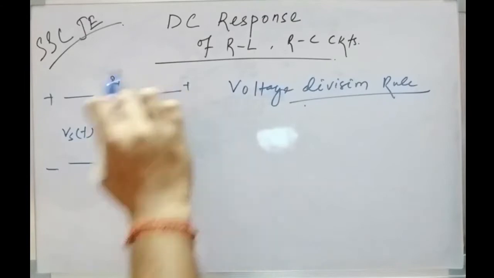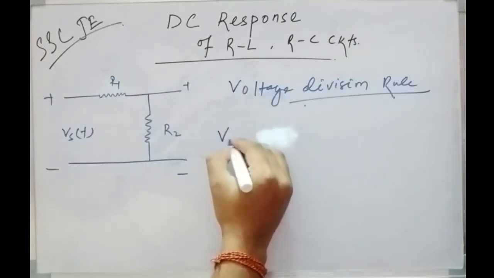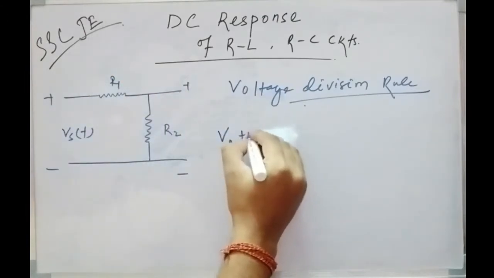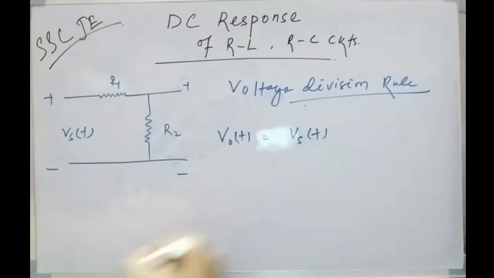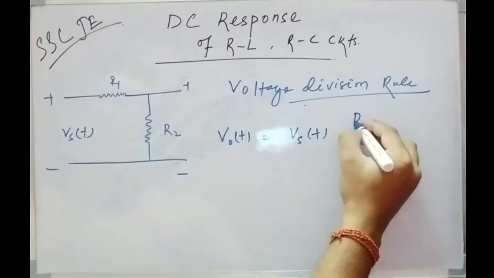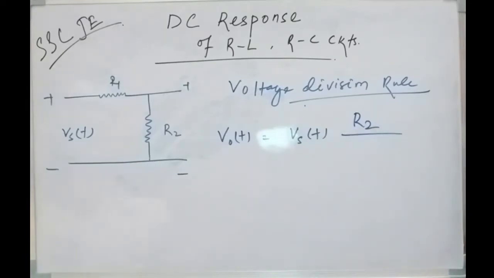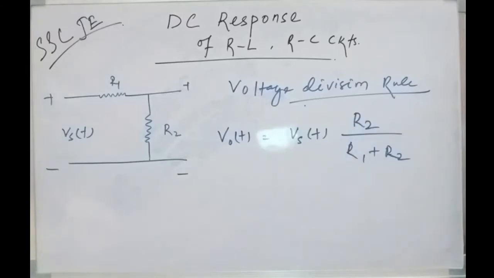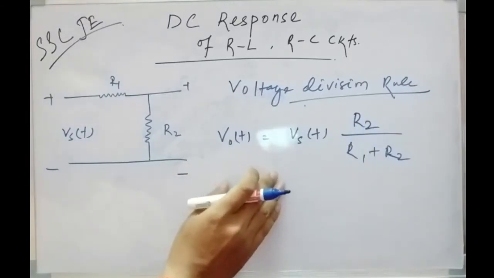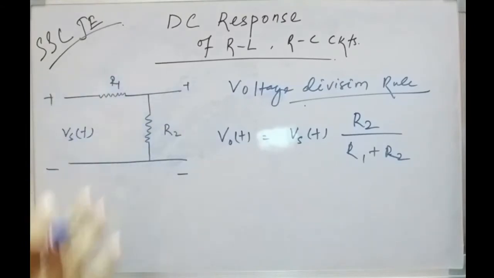The voltage across R2, that is V output of t, equals Vs of t times the resistor across which we calculate the output voltage, R2, divided by the total resistance R1 plus R2. This is the output voltage for a purely resistive circuit.